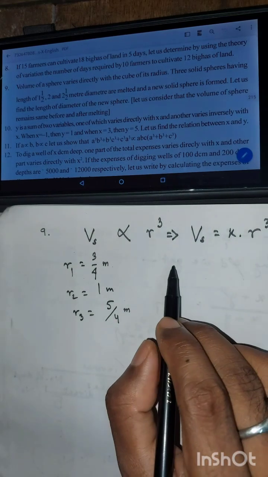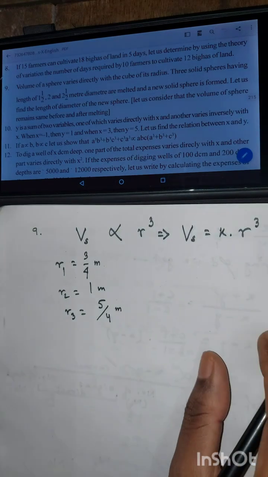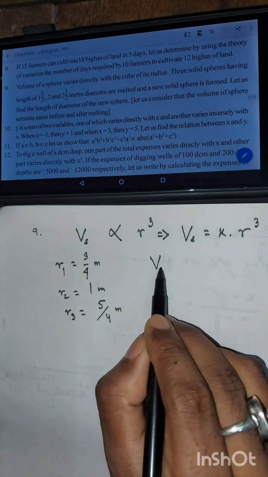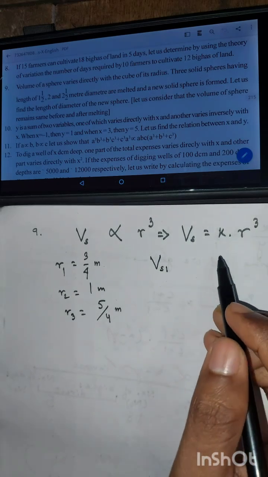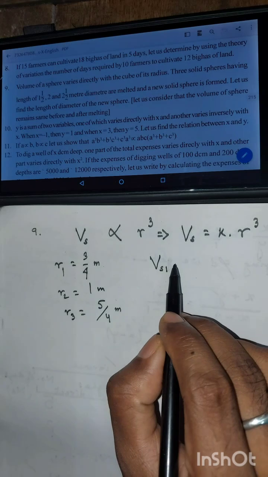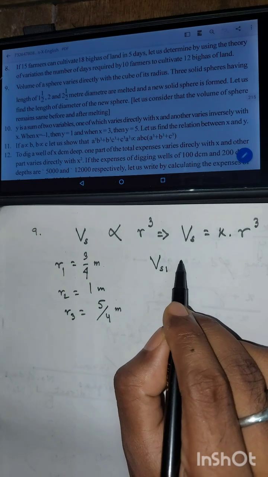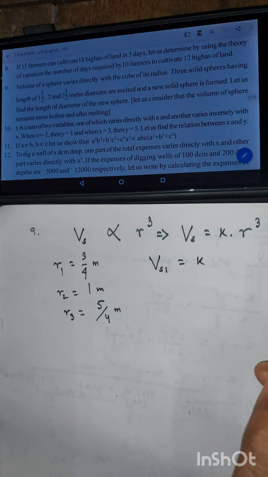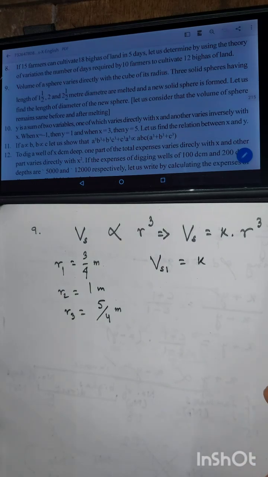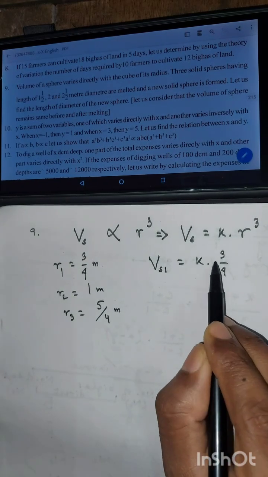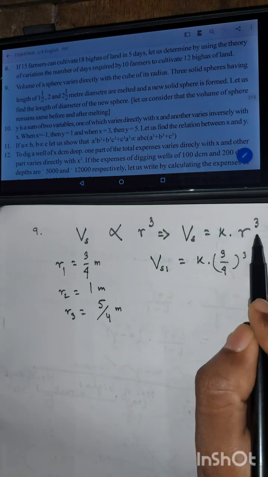So for the first solid sphere, we can write volume of sphere 1 equal to a constant into 3/4 cube from this relation.